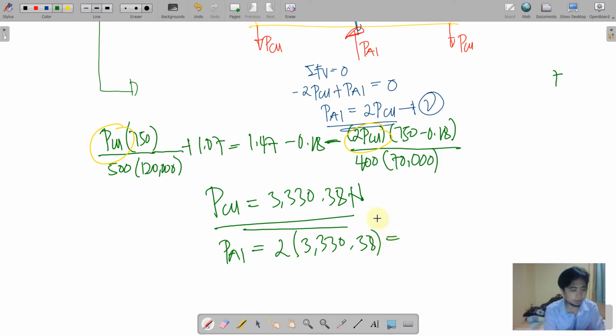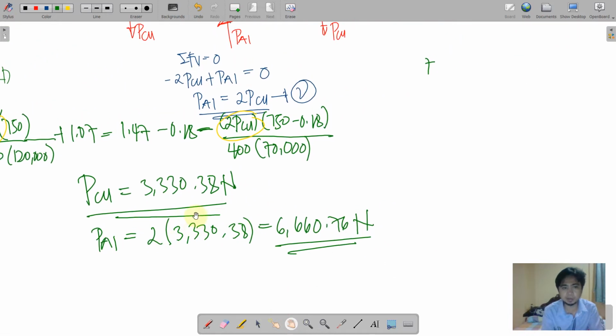This is equal to 6,660.76 newtons. So finally, for the stresses, no problem because we already know the forces.